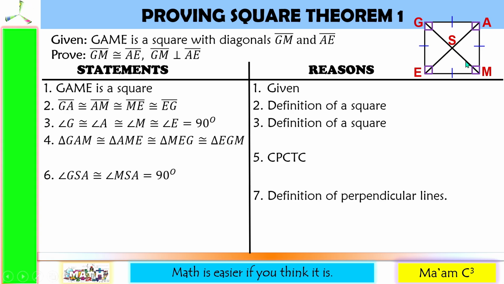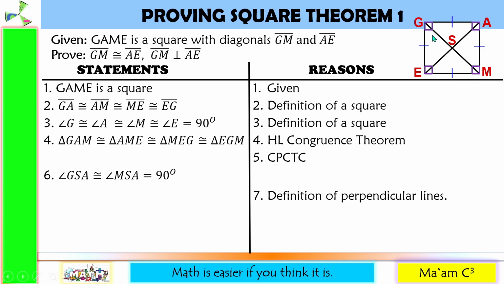So we can use the hypotenuse leg theorem to prove that these triangles are congruent with one another. Again, HL. HL means hypotenuse leg theorem. So this hypotenuse and this leg, with this hypotenuse and this leg, this hypotenuse and this leg, this hypotenuse and this leg. They are all equal to one another.